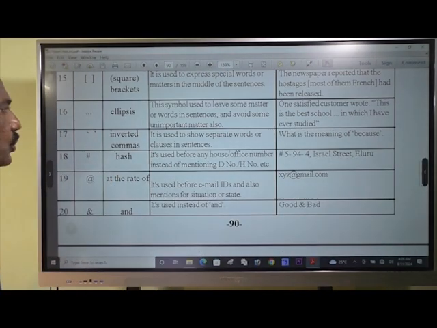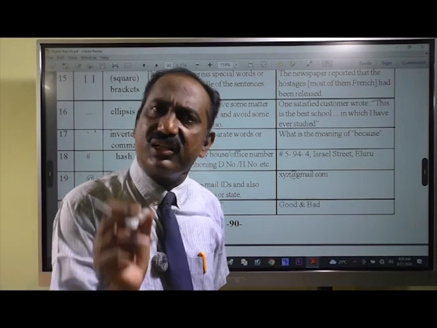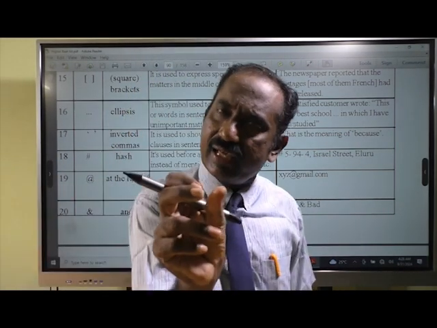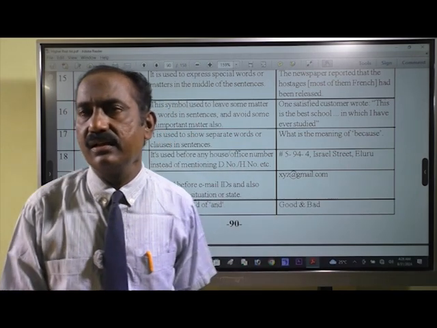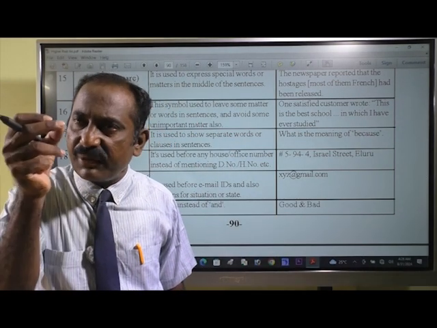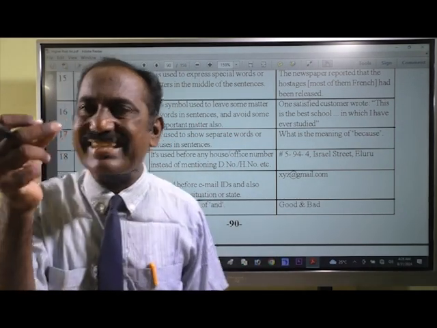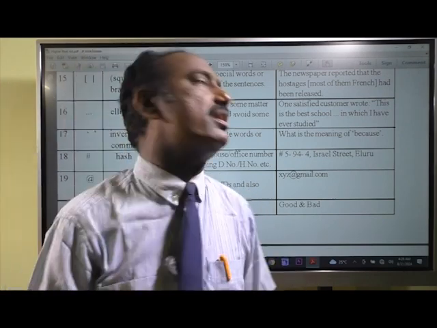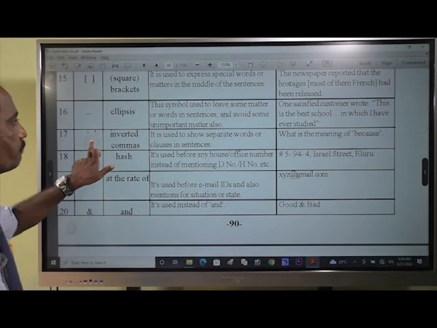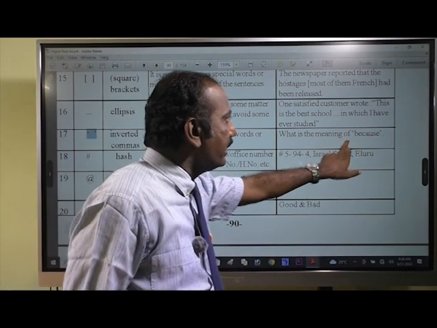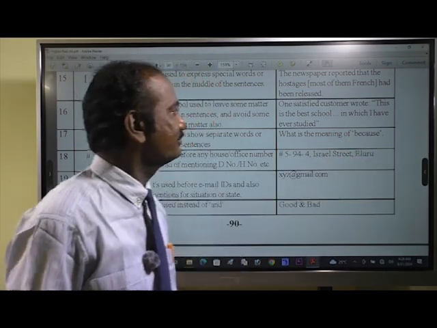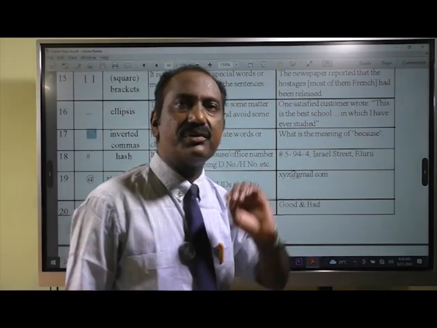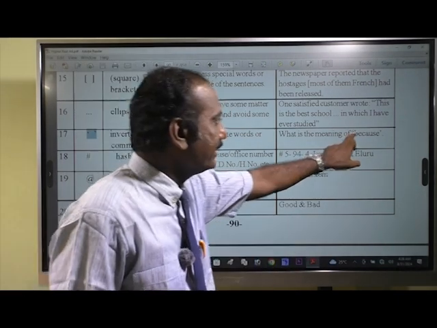Okay, inverted commas. If there is any important word in a phrase or sentence or in a paragraph, to mention it as important, we use inverted commas like this. What is the meaning of 'because'? Because is the word we would like to elevate here.